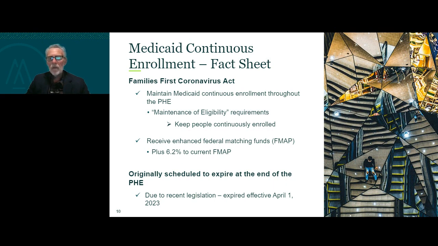But to help preserve coverage throughout the pandemic, the federal government incentivized states to keep enrollees continuously covered until the end of the PHE by implementing an enhanced federal match. There was an additional 6.2% add-on to each state's already existing federal match rate, and that ultimately totaled about $40 billion per year across the country.